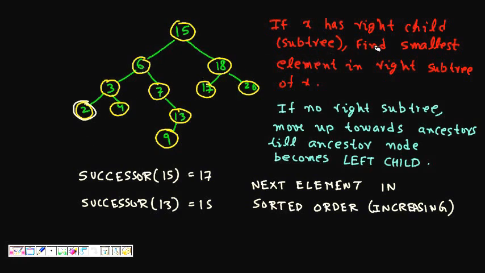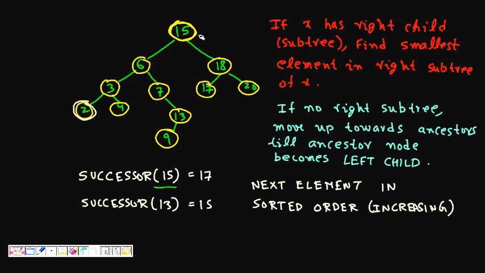If X has a right subtree, how do we find it? If I ask you what the successor of node 15 is, by the definition of a binary search tree, anything in the left subtree will be smaller than this. So we can never get a successor in the left subtree.